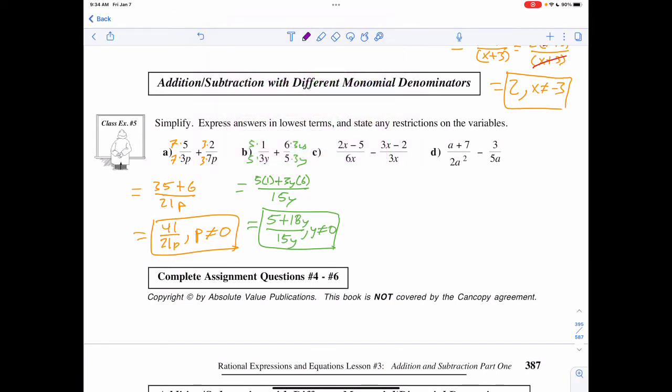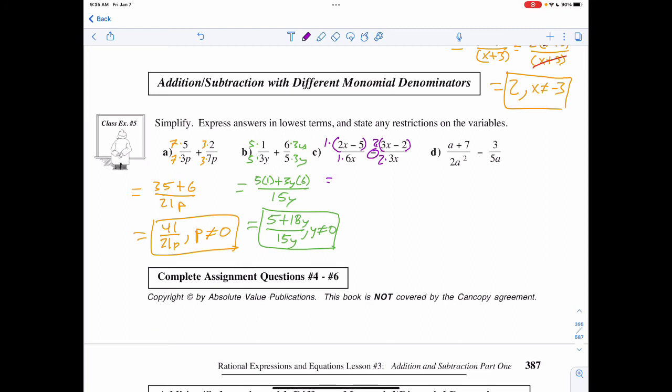For example C, I got binomials, so I'm going to put brackets around them. They both have an x, and between 6 and 3, the lowest common denominator is going to be 6x, which means that I'm just multiplying this one by 1 and this one by 2. And I'm going to watch out for that negative here.